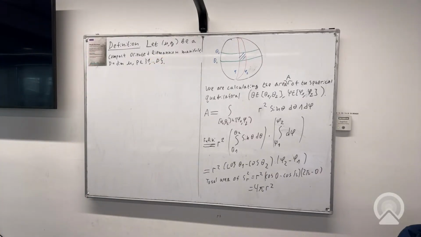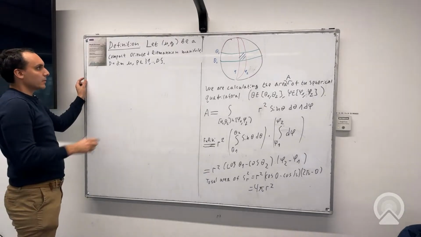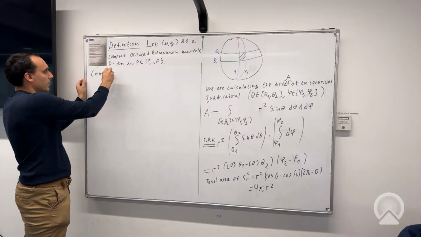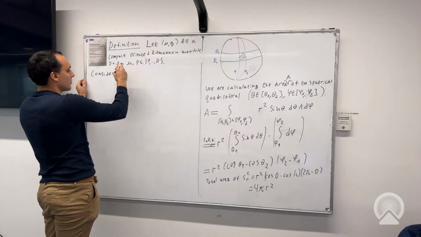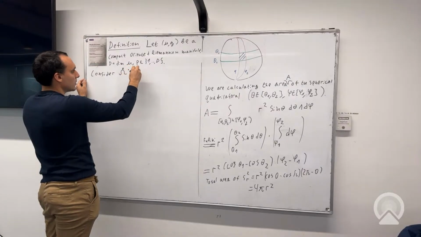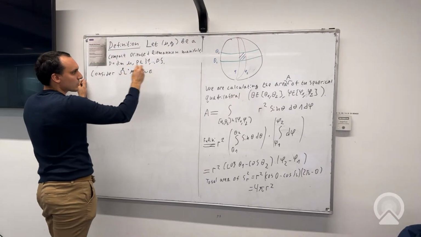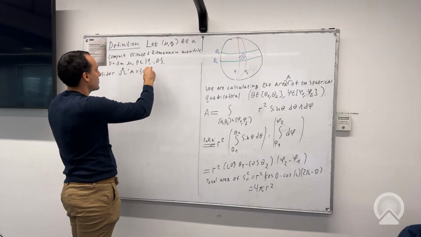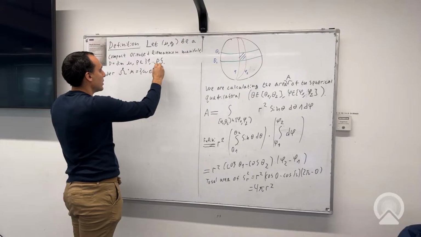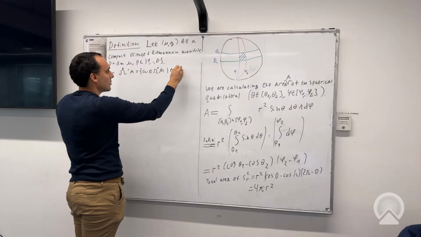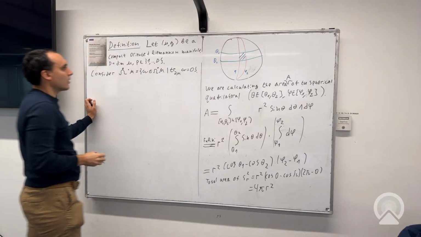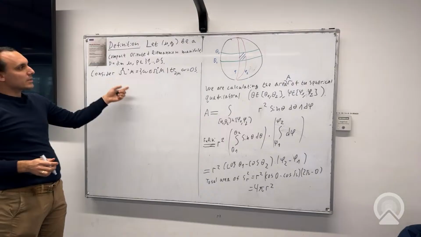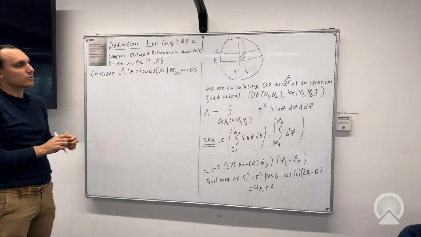So we first consider the space omega 0 bullet of M. So this is all the forms that are 0 on the boundary. So omega is a form such that the trace of omega is 0. This is the same space if we have a manifold without boundary, but usually we have boundaries.